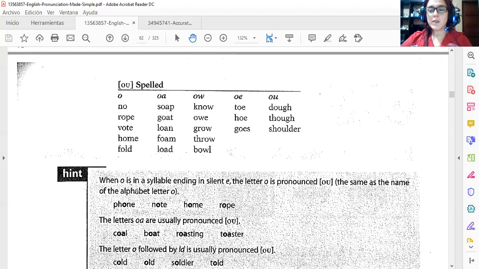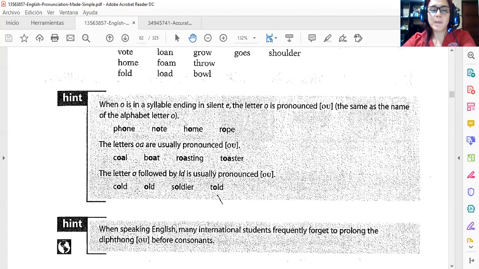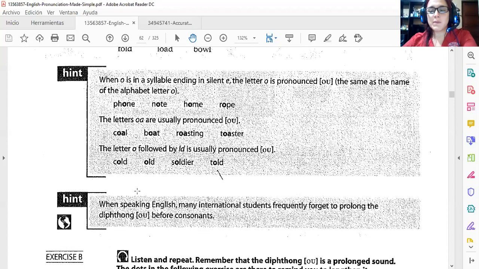Then we have OE, like in toe, hoe, goes. And OU, like in dough, though, shoulder. The GH, in many cases at the end of words, will be silent, so you must not pronounce those, okay?